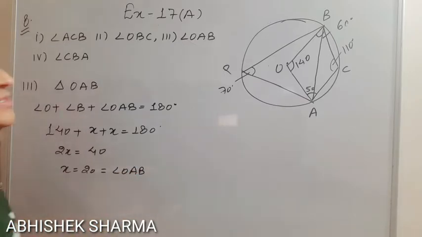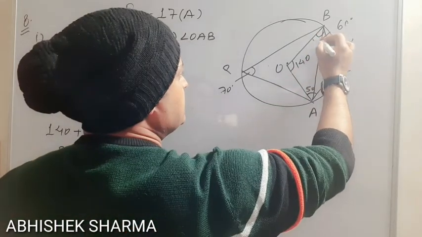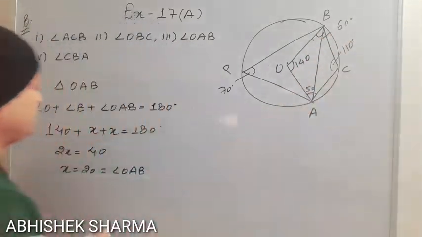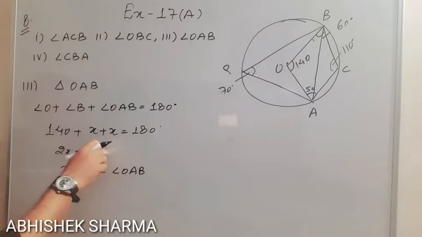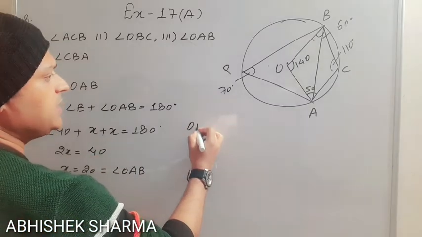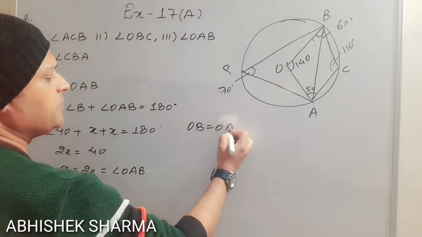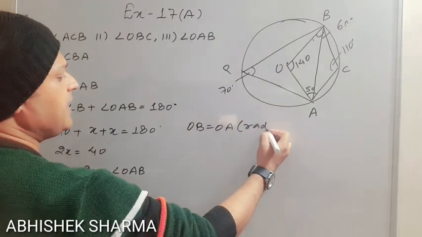So let us assume this angle is x and that angle is x. I assumed this as x. So we can say OB is equal to OA, because these are the radii.